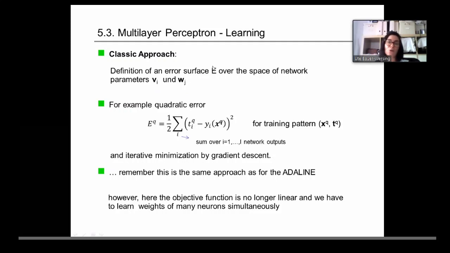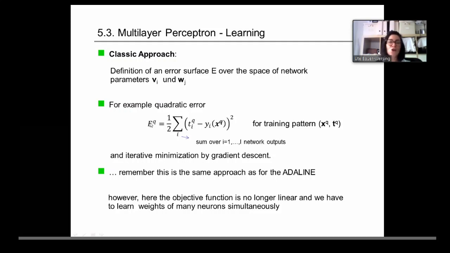The error surface is defined over the space of the combined weights, so it's a pretty huge space. The way to go to define this error surface is, in the classical form, using the quadratic error.